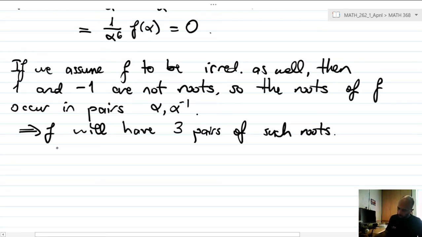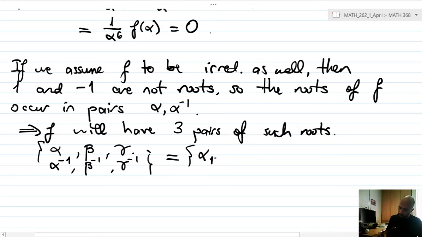So these will be, let's say, alpha, beta, gamma, and alpha inverse, beta inverse, gamma inverse. These are all distinct, so you have 6 such roots. Well, let's say this is alpha 1 up to alpha 6 in some order that I don't know. Okay?